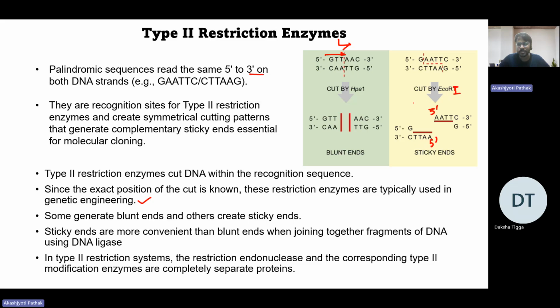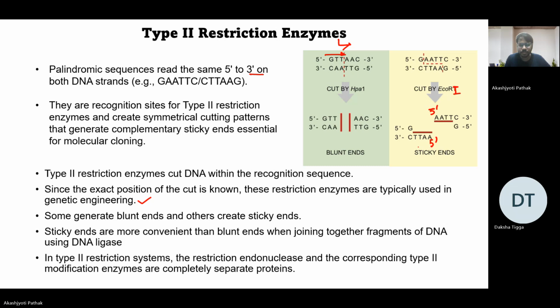EcoRI produces sticky ends, and these sticky ends are easy to ligate. The chances of cloning my gene of interest into the vector are higher if we are using restriction enzymes that cause sticky ends. And why is it so?